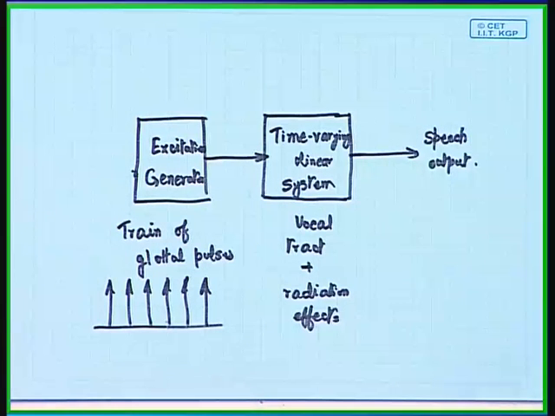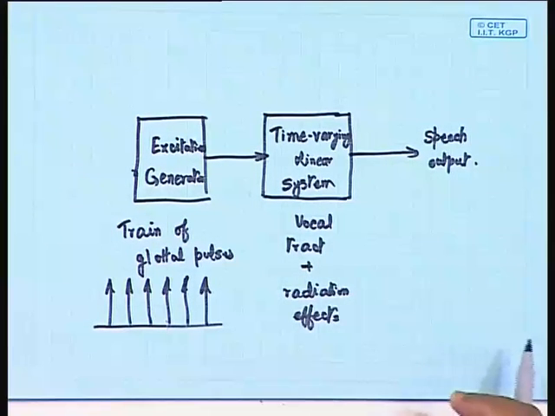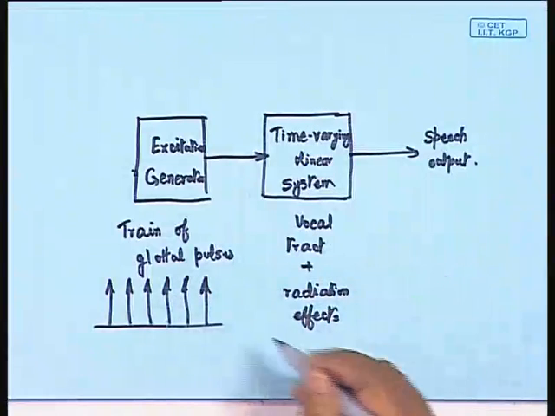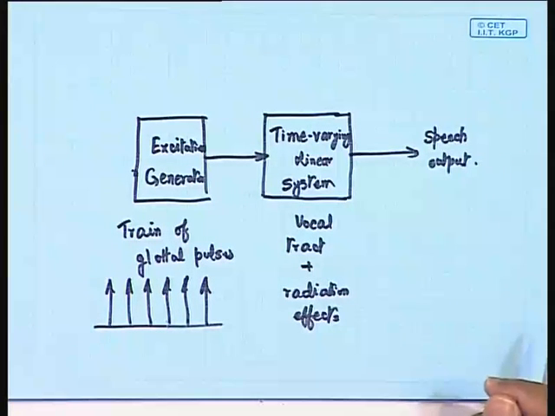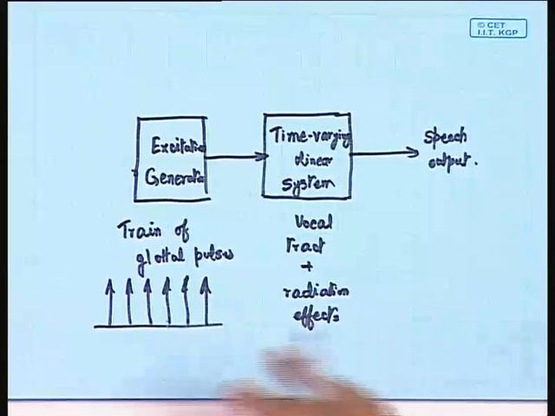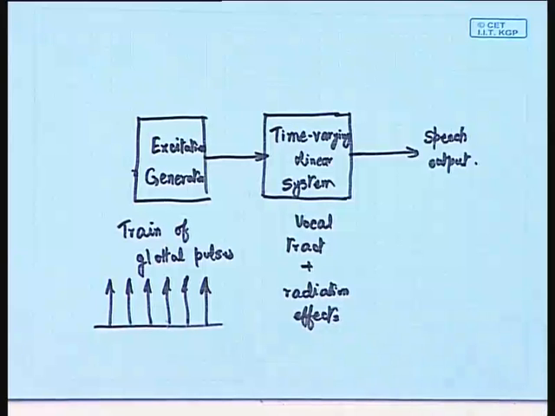Talking about the voiced sound is easy, in the sense that there the source of excitation is always a quasi periodic pulse, a train of quasi periodic pulses like this, and that effectively excites the organ pipe model that I was telling you.